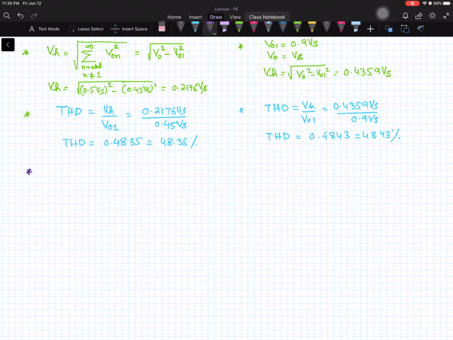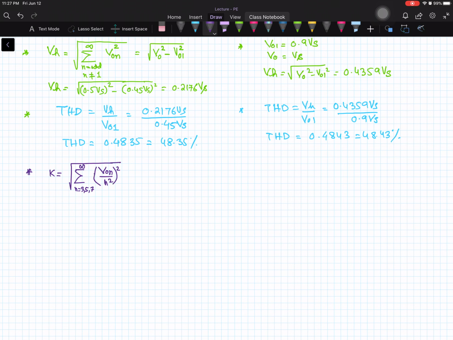But to calculate the distortion factor, we will first of all have to evaluate this expression. So let me call K equal to the summation of all the harmonics up to infinity of Vn divided by n square, and the square of that.